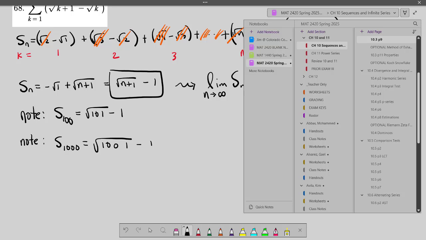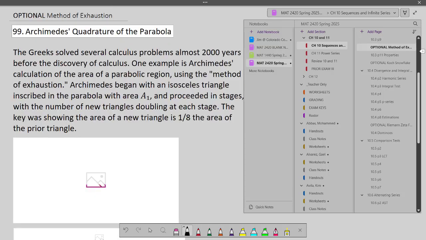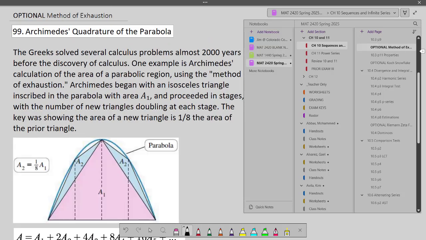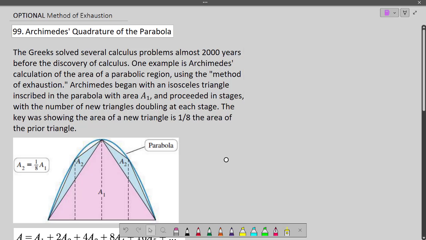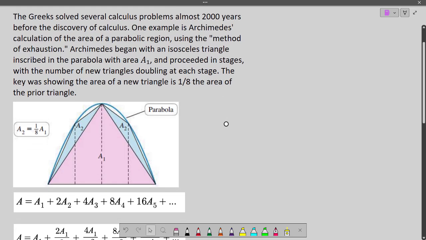Okay, so there are a couple of slides here that I just want to mention that aren't going to be on the test. They're just sort of interesting. They're sort of optional, but just points of interest. So this first one is about Archimedes' quadrature of the parabola.